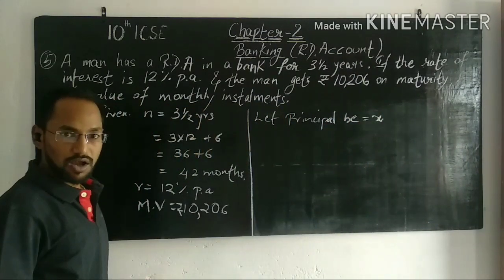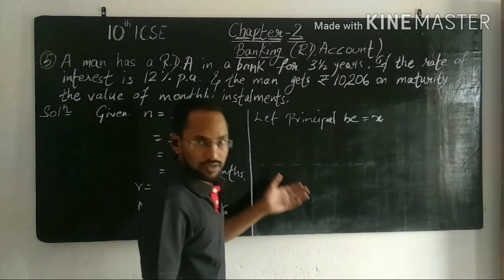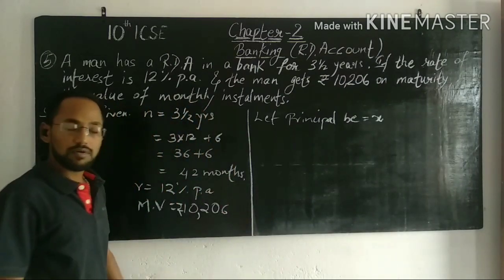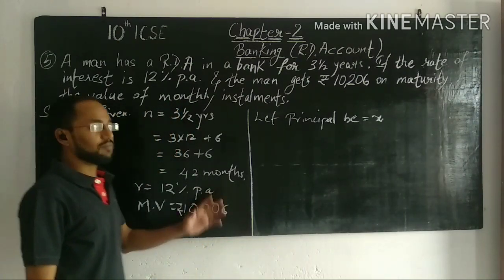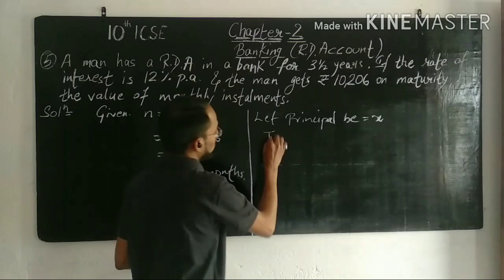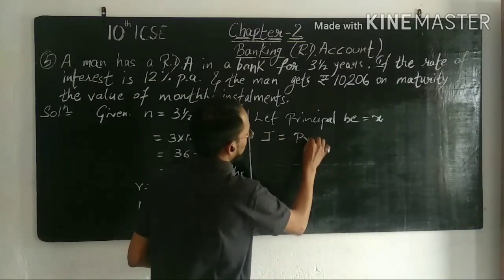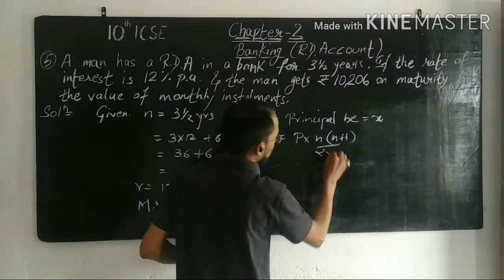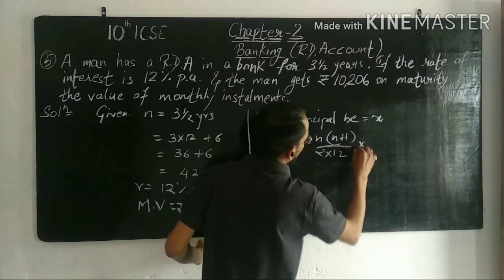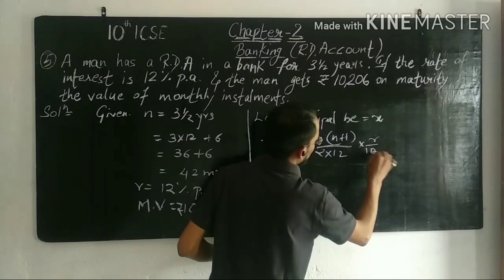Now, using the formula of interest, we will find first interest and then we will put the value of interest in maturity value. So we will be able to find the monthly installment. So let's do it. I equals P into n into n plus 1 divided by 2 into 12 into R upon 100.